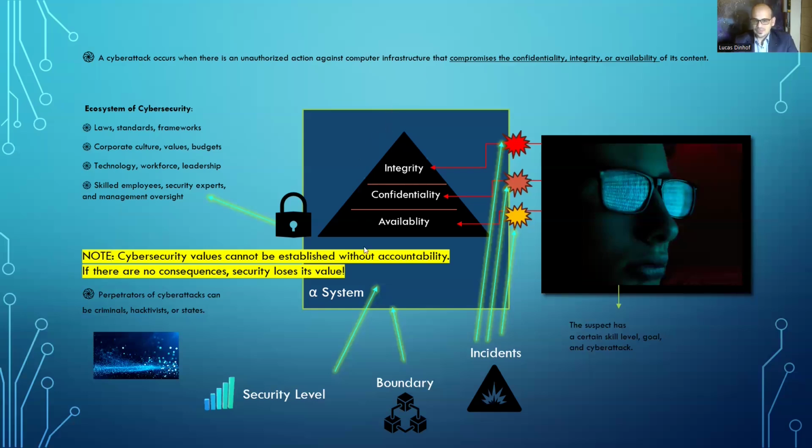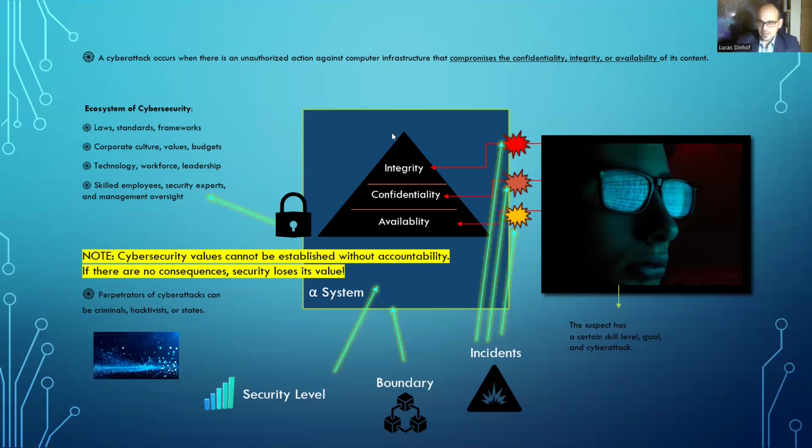So in the middle, you see a system with the values of integrity, confidentiality and availability. But furthermore, accountability is important. This means that cybersecurity values cannot be established without accountability as a value. If there are no consequences, security can lose its value.